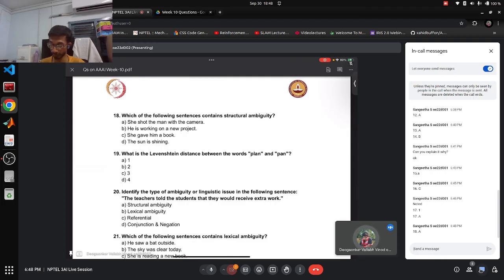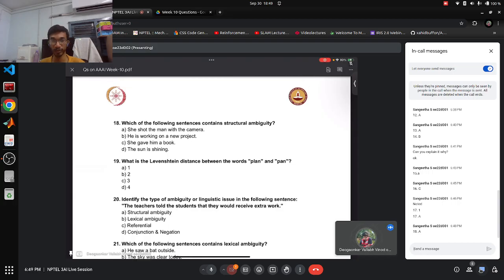It could refer to the man who was carrying the camera, or it can mean that she took a photo. Actually, it's not a type of structural ambiguity. It should be framed as a lexical ambiguity, I think.